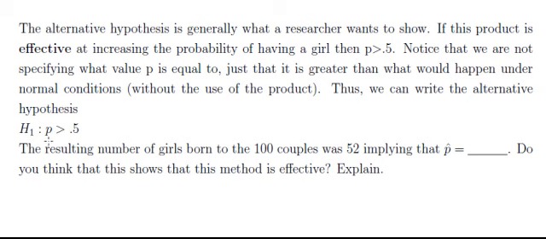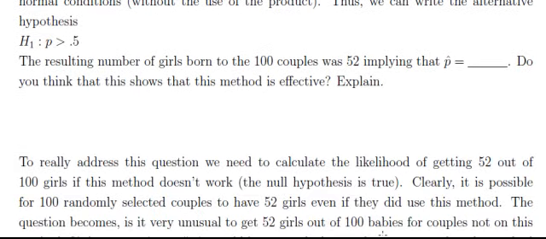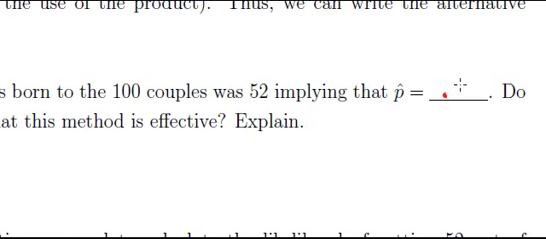It has the parameter, and then it could have greater than, less than, or not equal to, but we want to show that it's effective at increasing the probability, and so this is then greater than. Okay, so that's our null and alternative, and then we go out and collect the data. And so they went out and 100 couples took the gender choice, and 52 of them had girls, so p hat is 0.52.